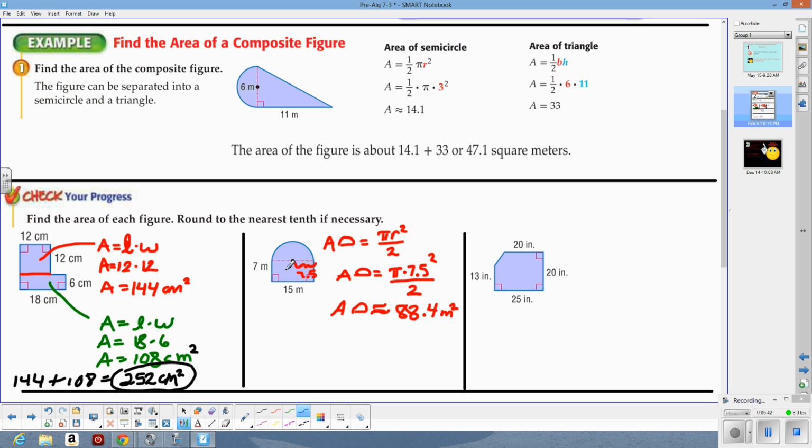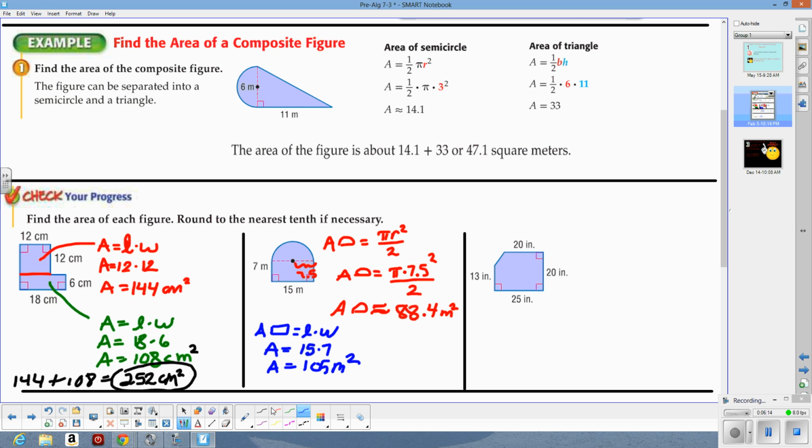Now I'm going to go ahead and find the area of the rectangle. The area of the rectangle is going to equal length times width. So the area is going to equal 15 times 7. 15 times 7 is 105. So 105 meters squared.